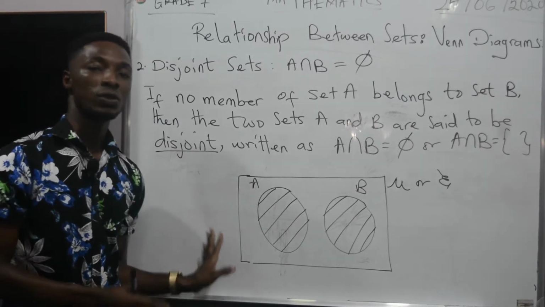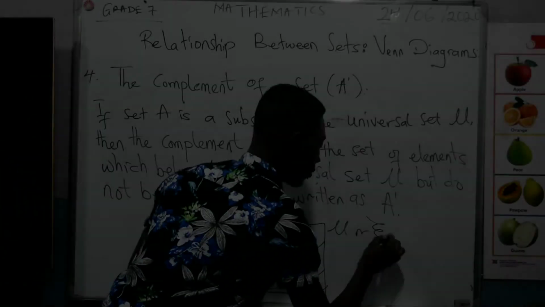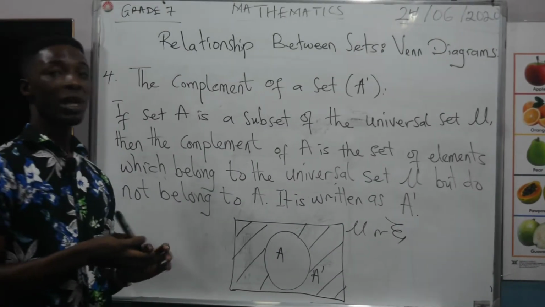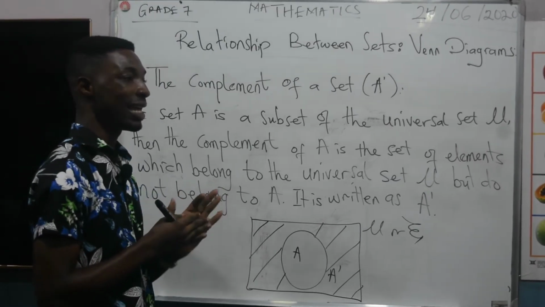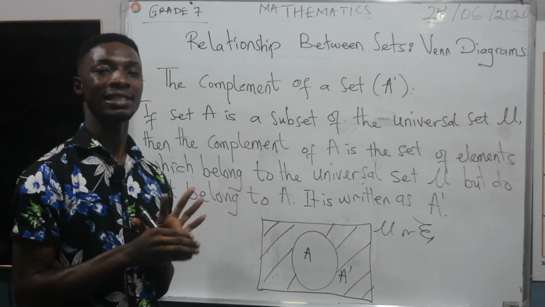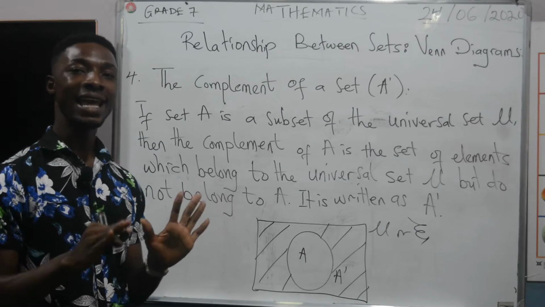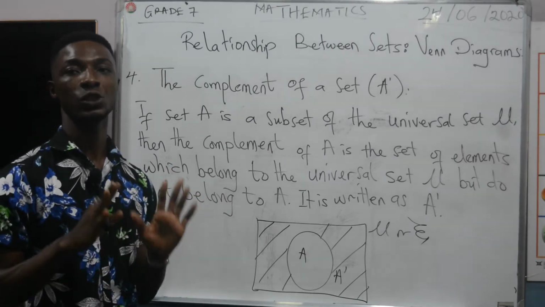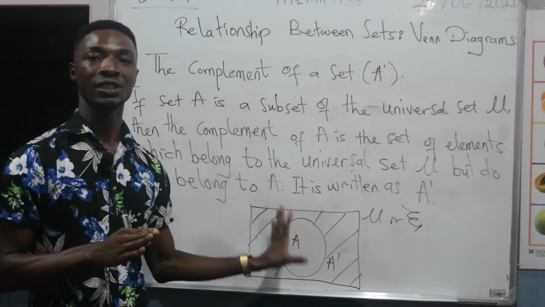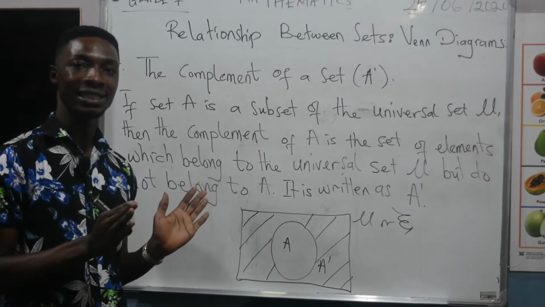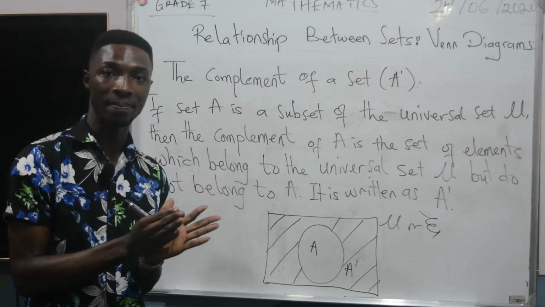Okay, so let's move on to the next relationship. The complement of a set. What do we mean by the complement of a set? Let's take that set A is a subset of the universal set U. A being a subset of universal set U means that A is a set that contains some of the elements of the universal set, but not all of them.